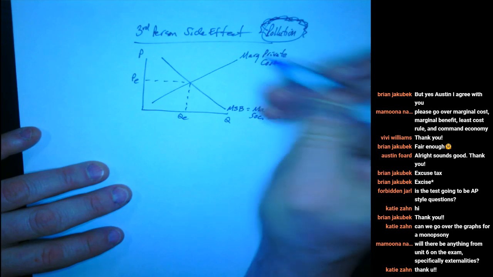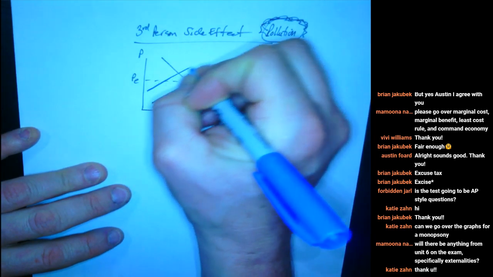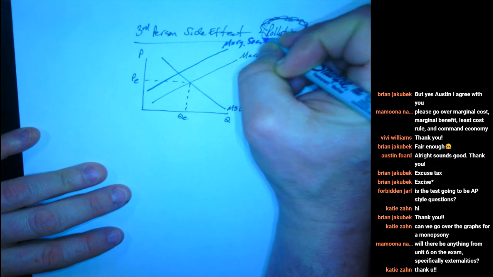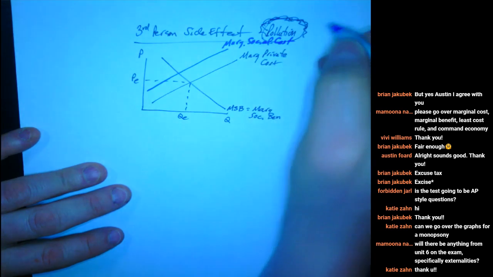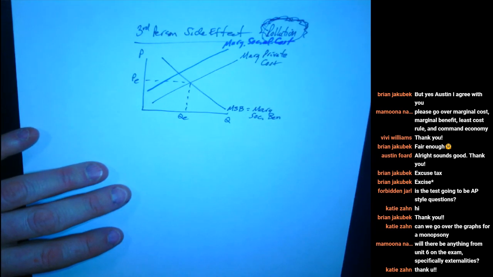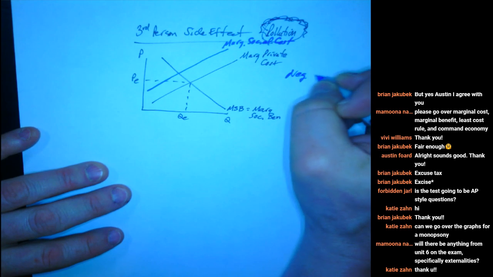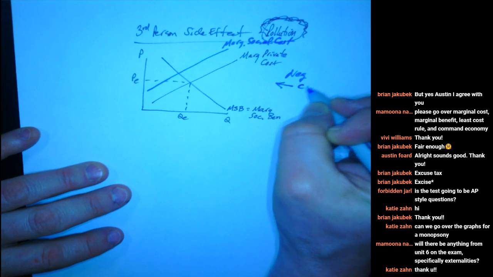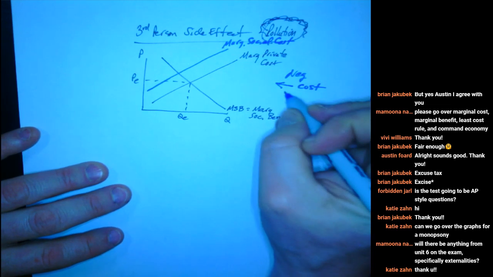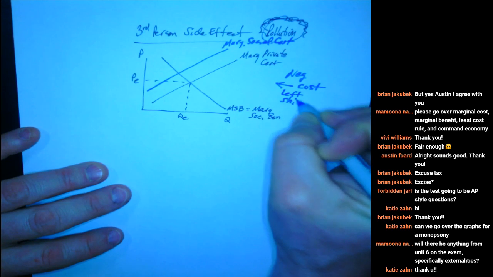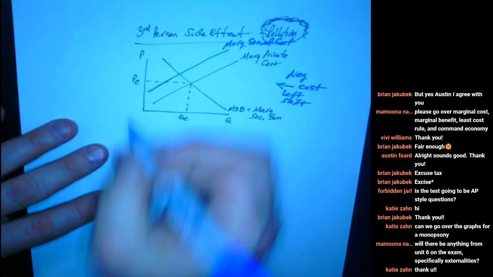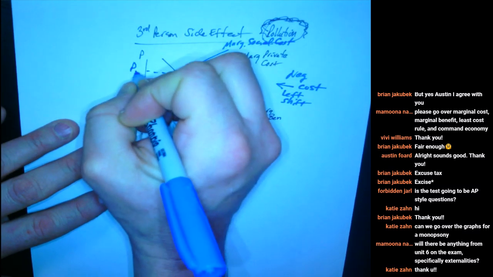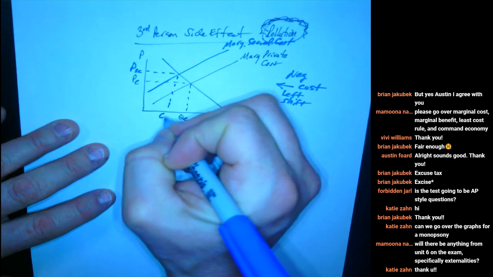Now, they pollute more. There is now a marginal social cost, MSC. So anytime there's a negative externality, your costs are going to shift to the left. So it's a left shift, okay? And let's just do price, social cost, quantity, social cost.